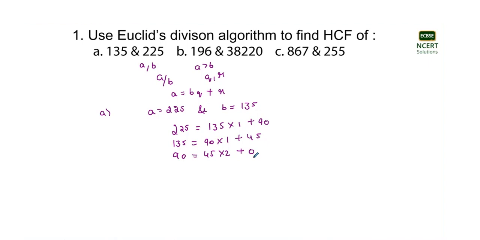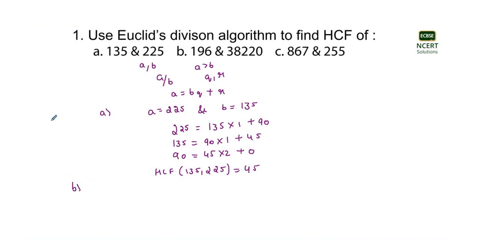As the remainder obtained is equal to 0, the division algorithm terminates over this step and the divisor of this Euclid's division lemma will now become the HCF of the numbers provided. What it means is that we can write the HCF of 135, 225 equal to 45, as 45 is the divisor in Euclid's division lemma when the remainder turns out to be 0.